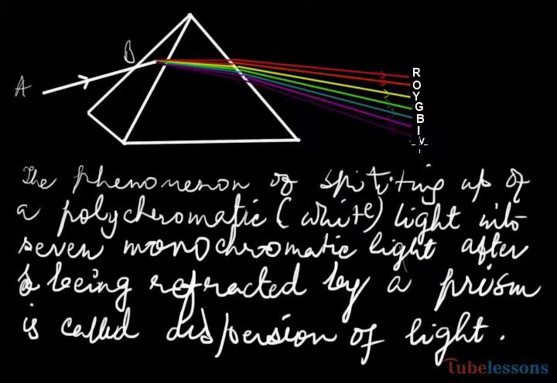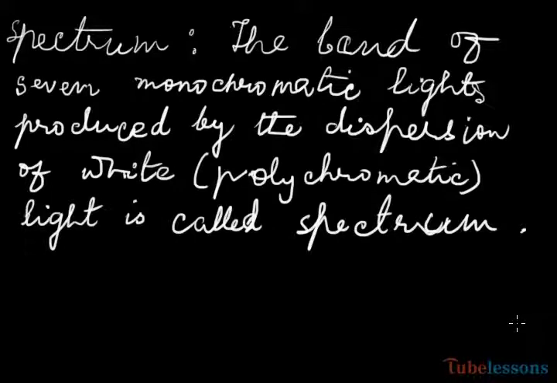Now the spectrum can be defined as the band of 7 monochromatic lights produced by the dispersion of white, that is polychromatic light. A spectrum has 7 monochromatic lights, that is, in the light there are 7 colors. These 7 colors are vivid here.